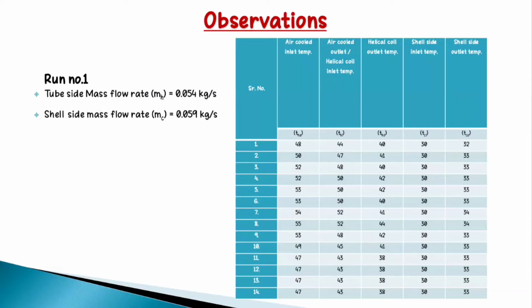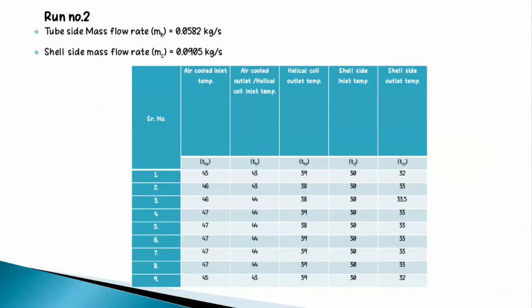In run number 1, we took tube side mass flow rate as 0.054 kg per second and shell side mass flow rate as 0.059 kg per second. And in the second run, we took tube side mass flow rate as 0.0582 kg per second and shell side mass flow rate as 0.0905 kg per second.